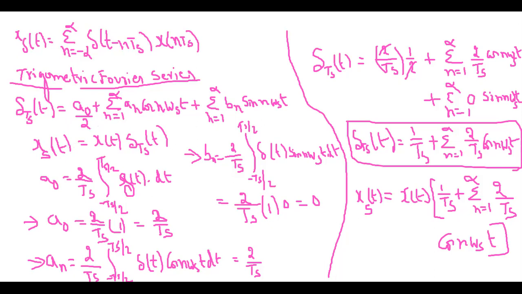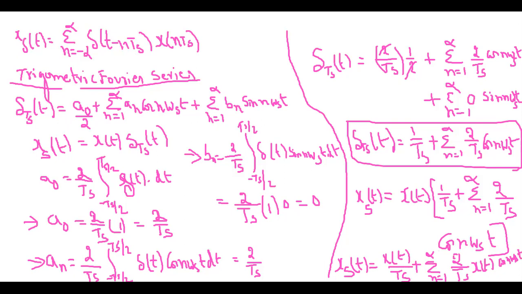Okay, my dear students. In this equation, if I substitute, xs of t, the sampled x of t signal, has x of t by ts as the first term, and the second term, the sum of n is equal to 1 to infinity, 2 by ts into x of t cos n omega s into t. Okay, you got this function.